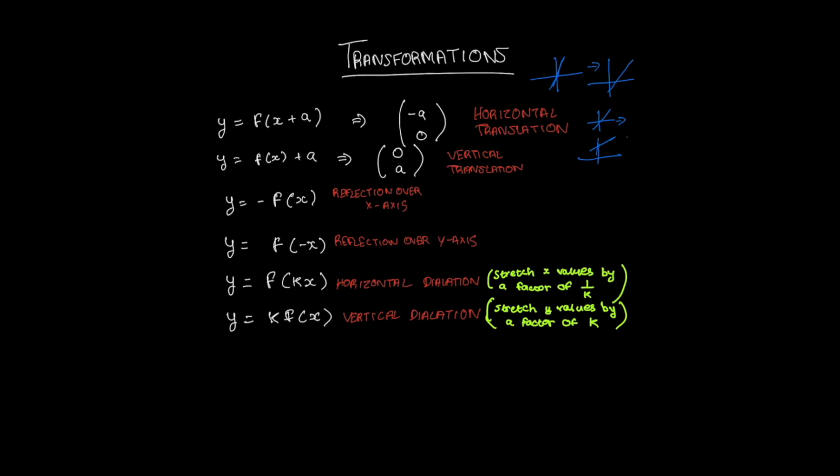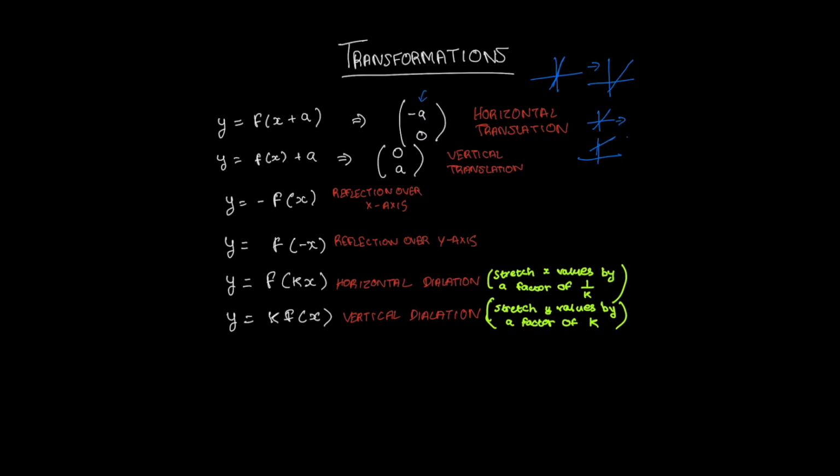So when do you horizontally translate a function? When you get the term f of x plus a, you horizontally translate the function by negative a units. You have to remember that in the case of vectors, if it's positive a in the column vector here, you move to the right, and if it's negative a, you move to the left.